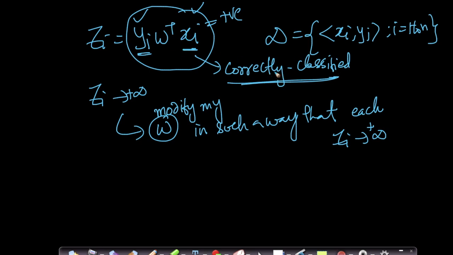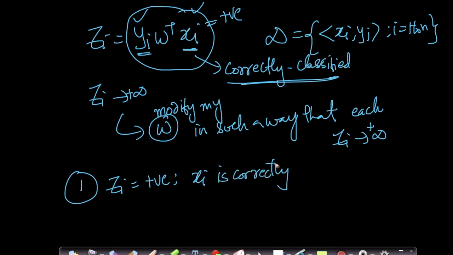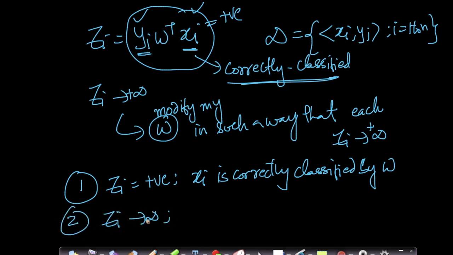First thing, when zi is positive, then my point xi is correctly classified by w. Second, if zi tends to plus infinity, then I will reach my minima.